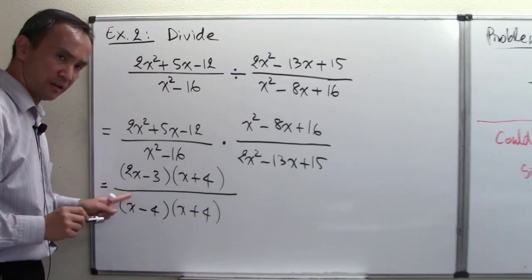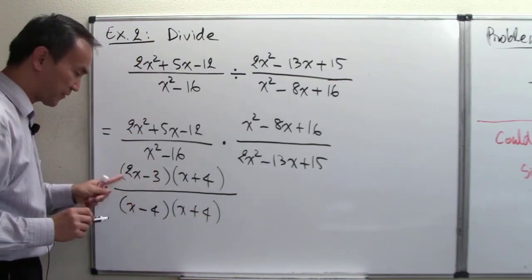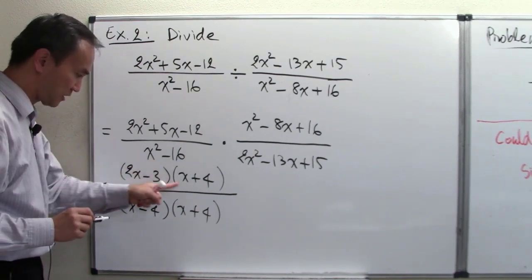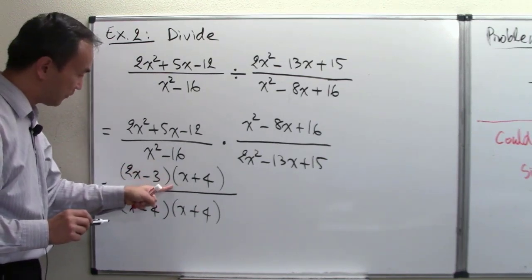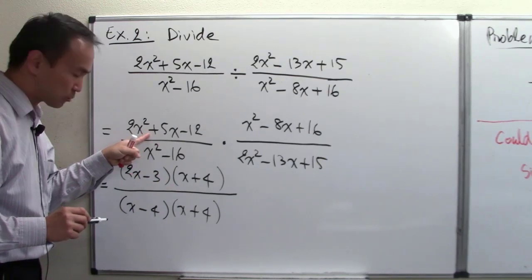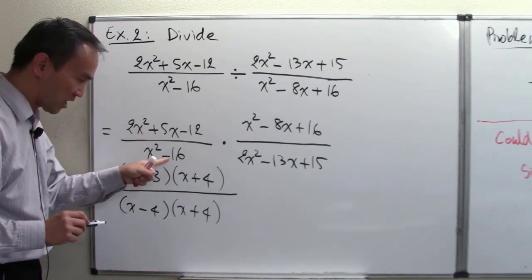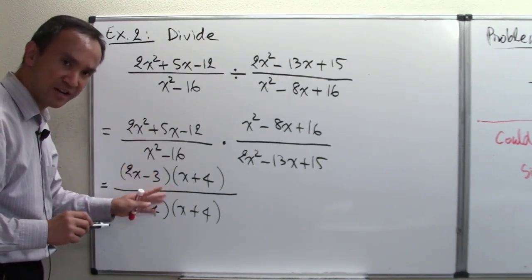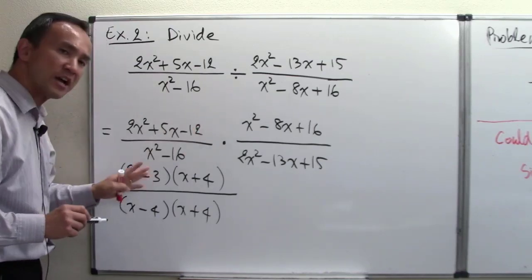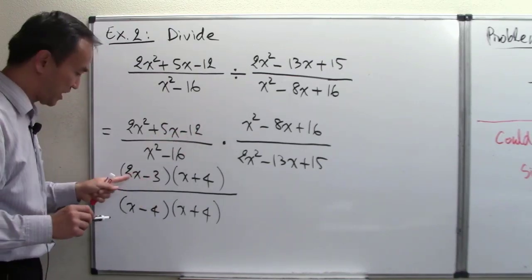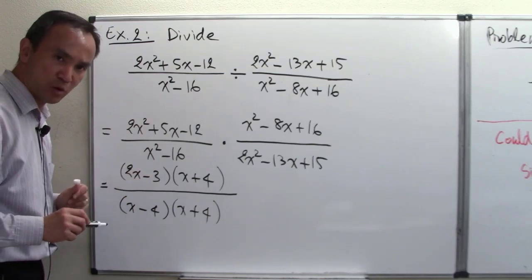Once again, for anyone who's unsure about how I got this factored form for the quadratic expression and for x squared minus 16, I highly recommend that you view the video lessons prior to this one, where I was teaching how to factor these quadratic expressions.